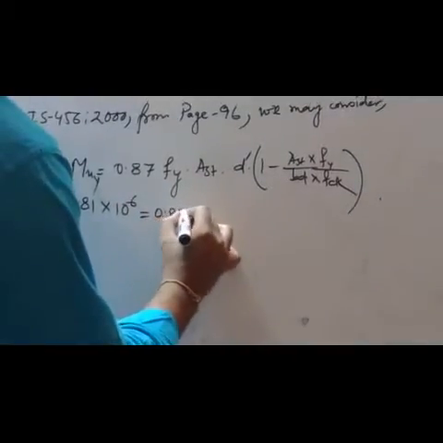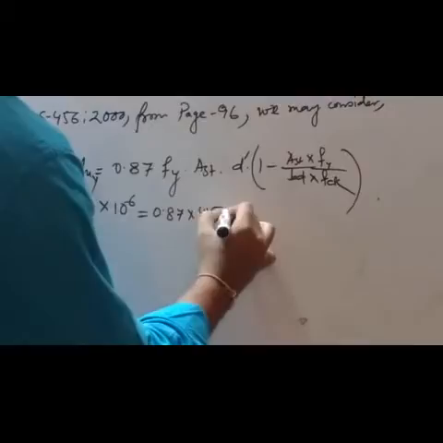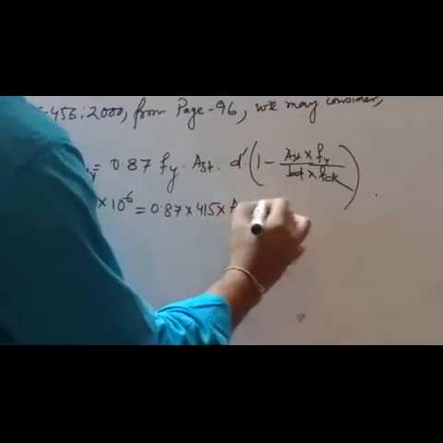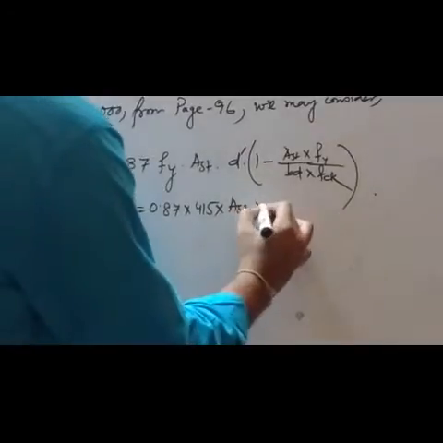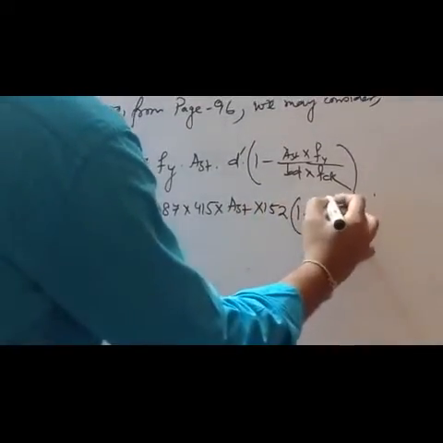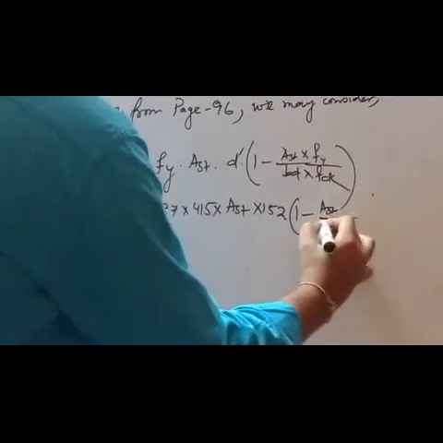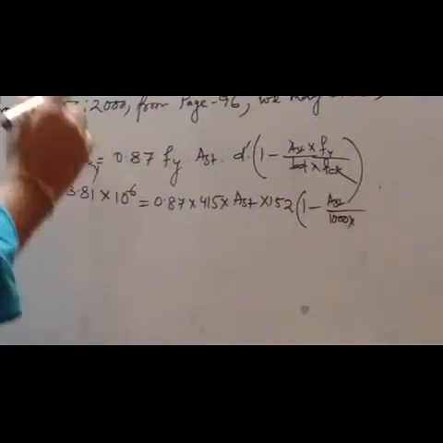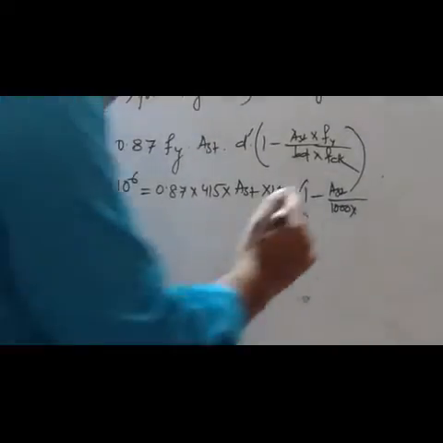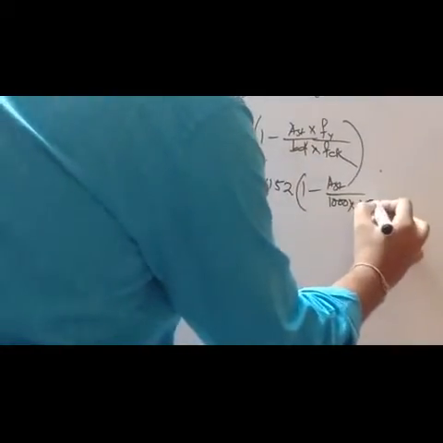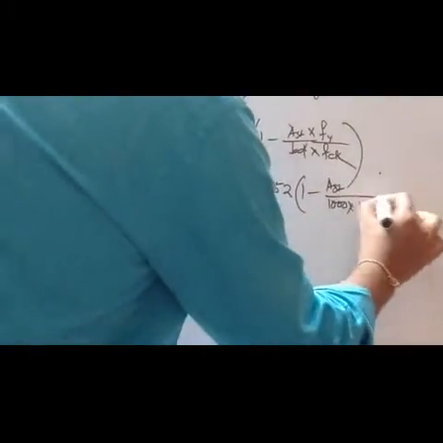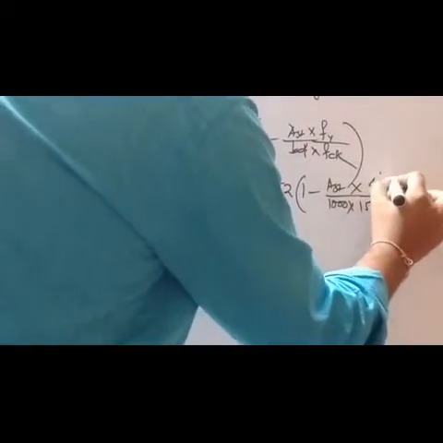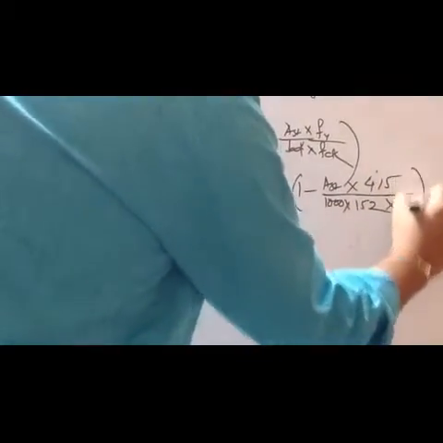This is 0.87, this is Fy, this is Ast which we have to calculate, this is d dashed, this is 1 minus Ast, b means 1000, that means for 1 meter length, and d here is also replaced by d dashed, that means 152, into Fy means 415, Fck means 20.